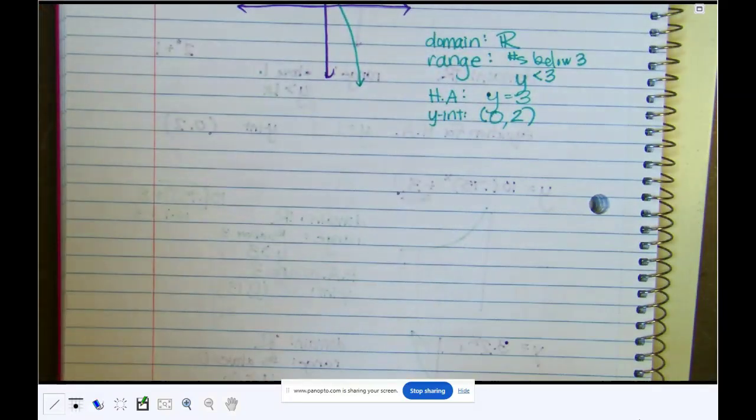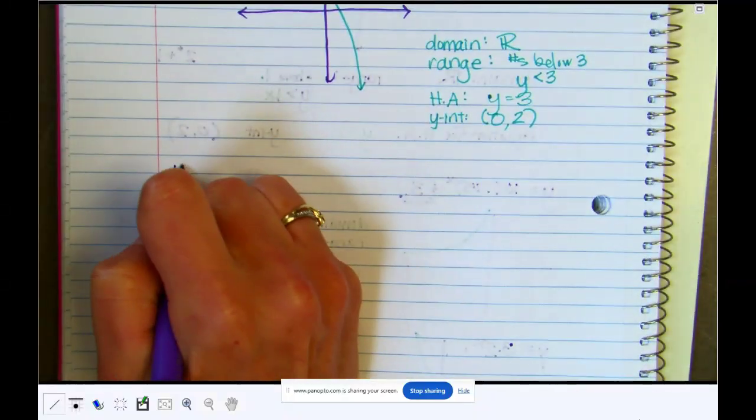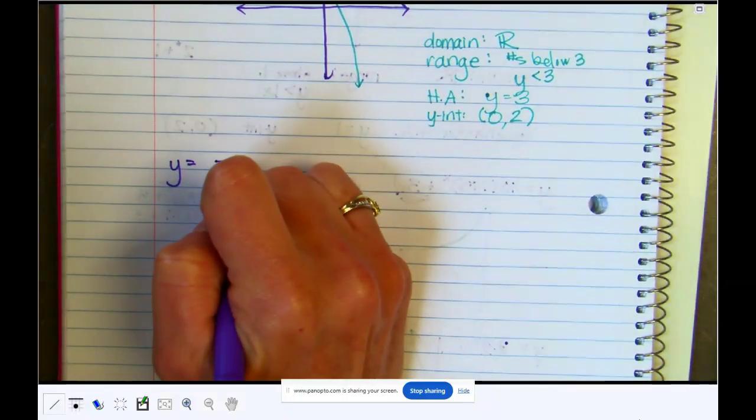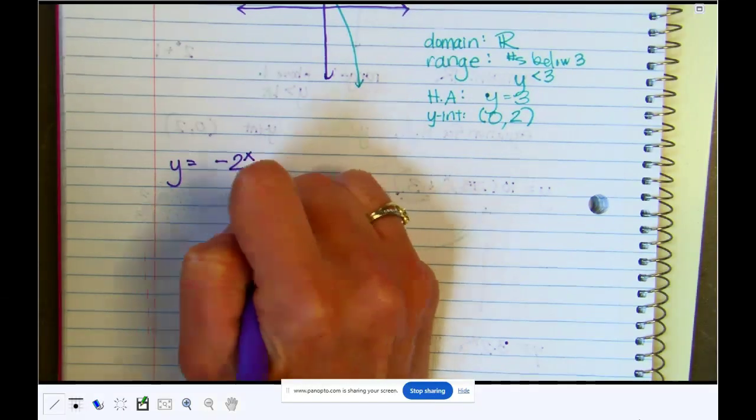Okay. Now, last one. So let's do y equals -2 to the x minus 3.